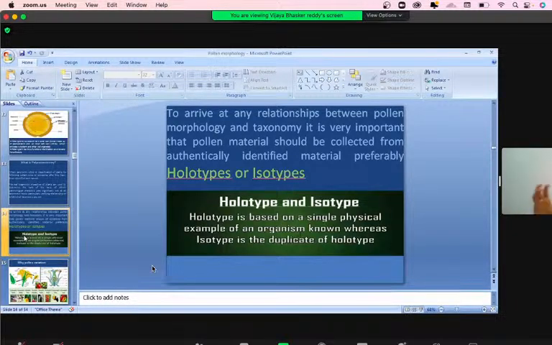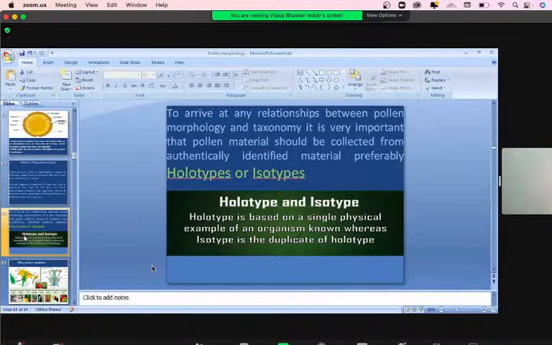Such holotypes and isotypes are preserved in any one of the recognized herbaria. Here we do have one internationally recognized herbarium, which in short form is named HY, Herbarium Hyderabad. Hussainialam University Department of Botany has such a herbarium, and more than 10,000 herbarium specimens are preserved here.